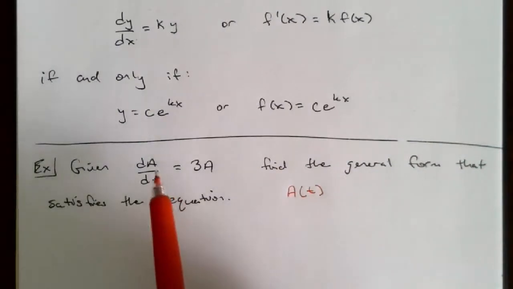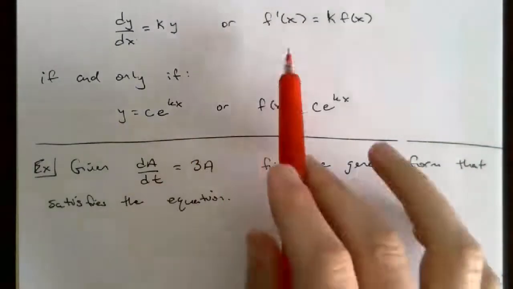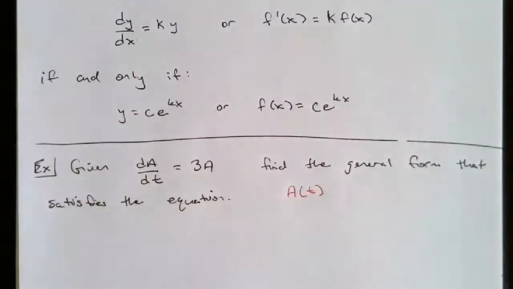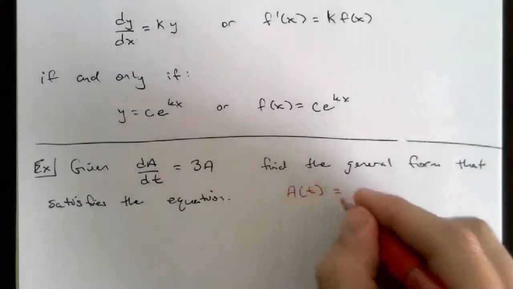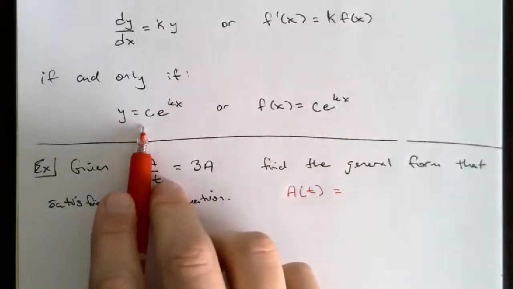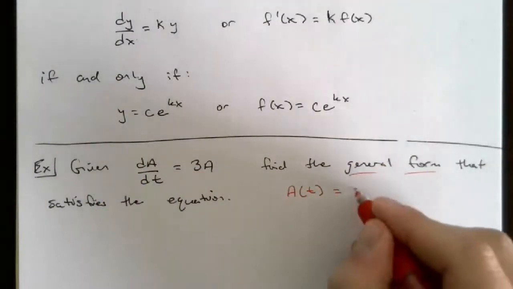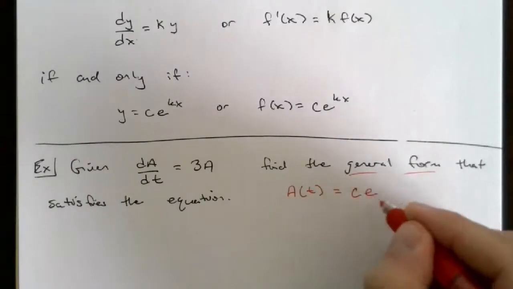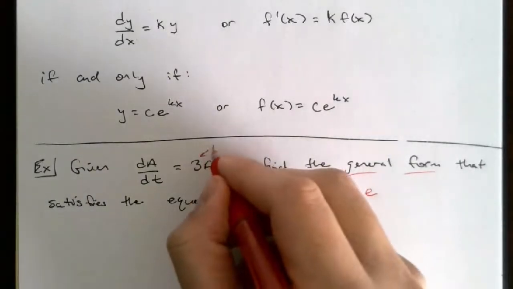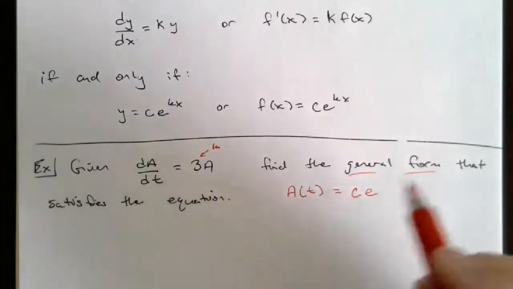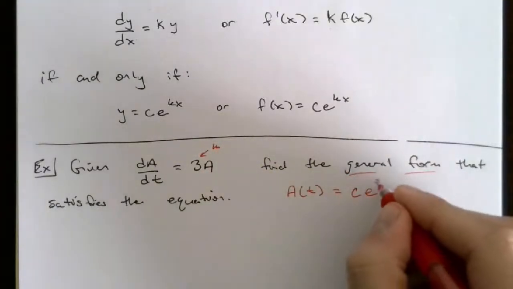Just like we could say this is f of x or y of x here, this is a of t. It's equal to c, a constant we don't know. That's why we call this the general form. So it's equal to c times e to the k, and you know what k is. K is whatever was being multiplied to a in front here. So k is 3.